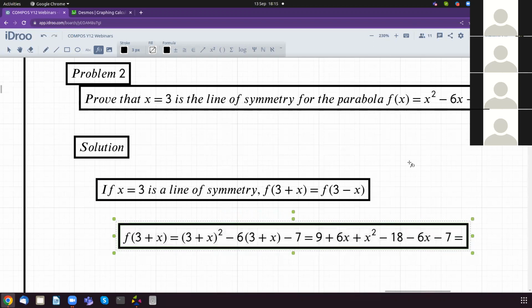And this simplifies too. So 6x and minus 6x cancel. x squared plus 9 minus 18 minus 7. x squared minus 16.